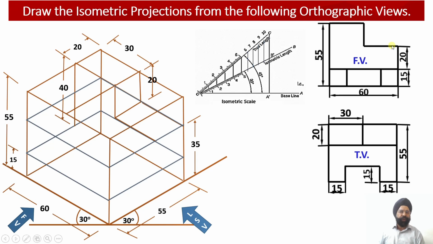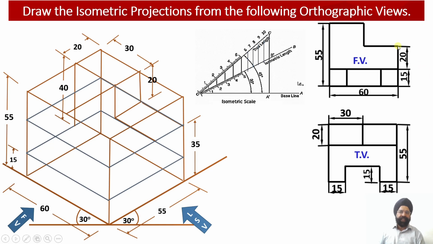So in the front view, once again, this rectangular surface will be appearing as an edge view looking from the front. So this is an edge view of the surface which will be visible to us from the front view. So this surface has been obtained over here, right? And this horizontal surface has also been obtained.